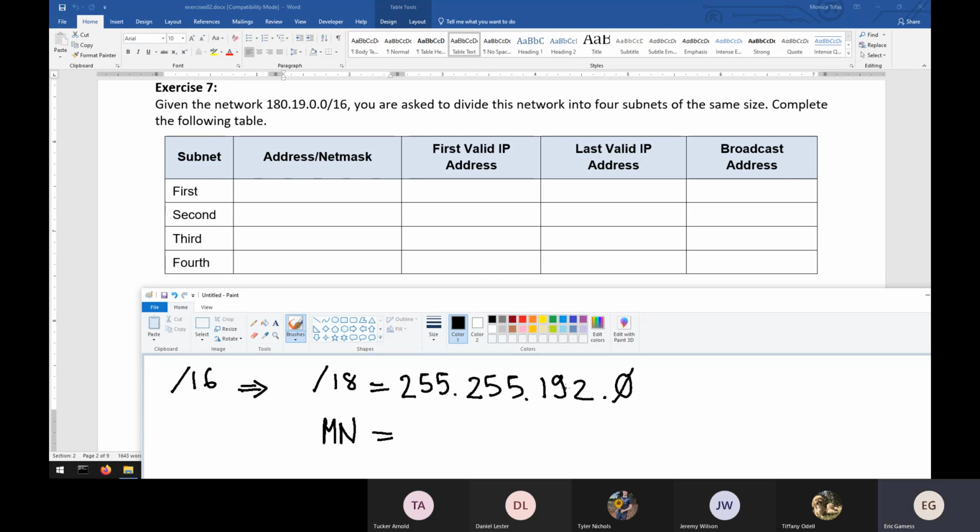The magic number is always 256 minus the last byte that is not 0. 256 minus 192 is 64. So the magic number is 64. And it is in which byte? In the first byte, the second byte, the third byte, or the fourth byte?